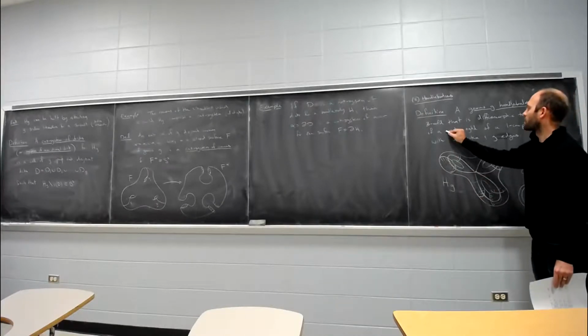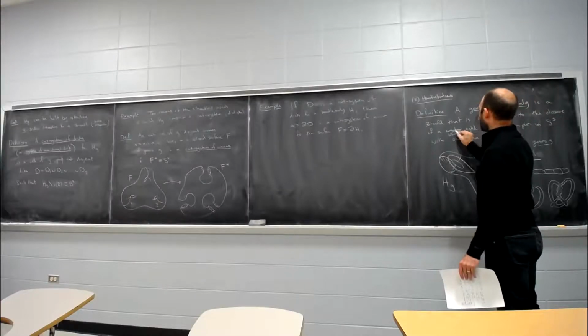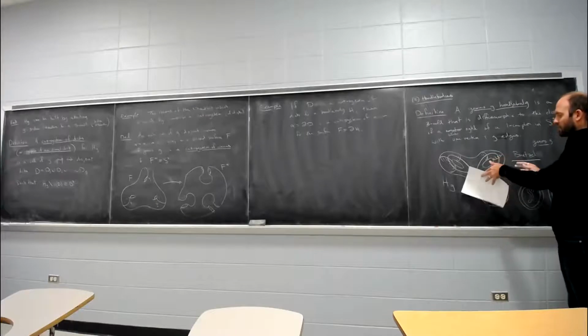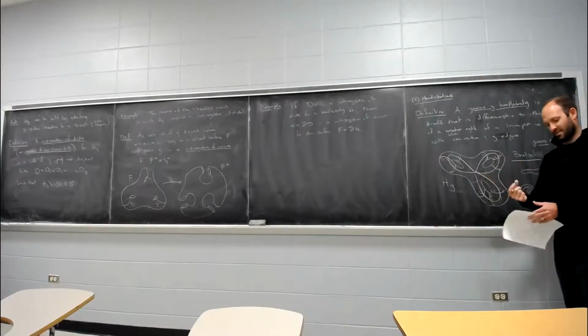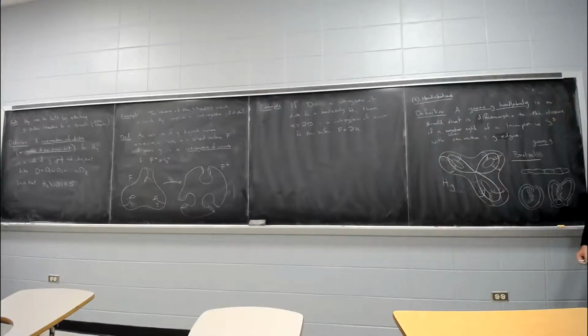The point is, like Dave was saying, if we take too big of a neighborhood, you want it to be small enough that it deformation retracts back onto the thing, for example.